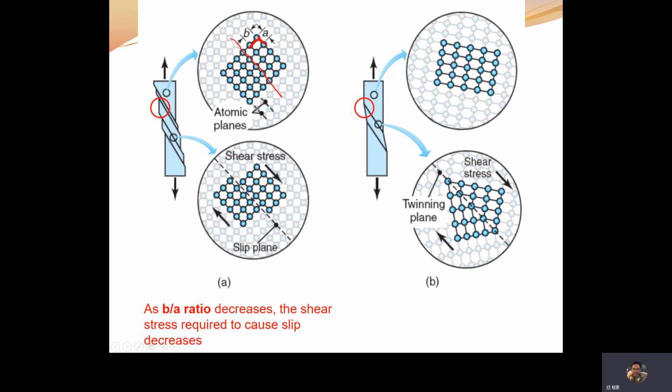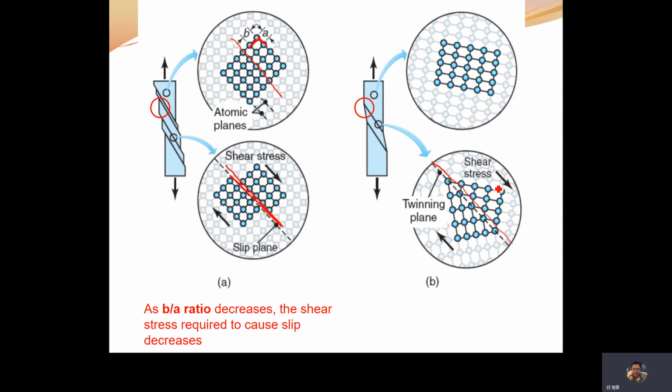And this figure shows the comparison between the slip process and the twin. As I already mentioned previously, slip occurs along a slip plane, right? And when twinning occurs along the twinning plane, it's like a mirror.